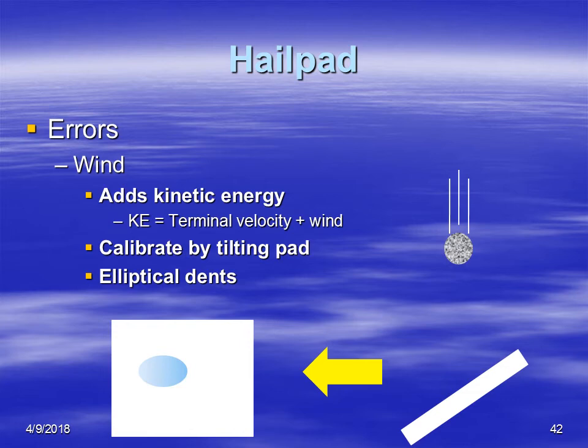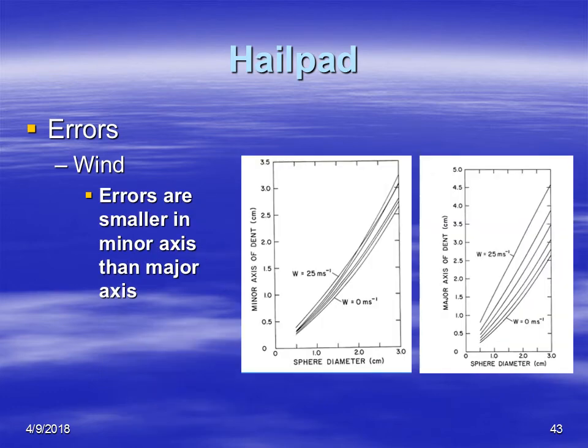There are a couple of different ways. You can calibrate it by tilting the hail pad, which gives you an angle, or you can add the wind velocity to the terminal velocity to get the total kinetic energy, and that's another way you could figure out the problem. Here are some plots that people have done over the years with estimates of wind, and notice that there are smaller errors in the minor axis than the major axis.